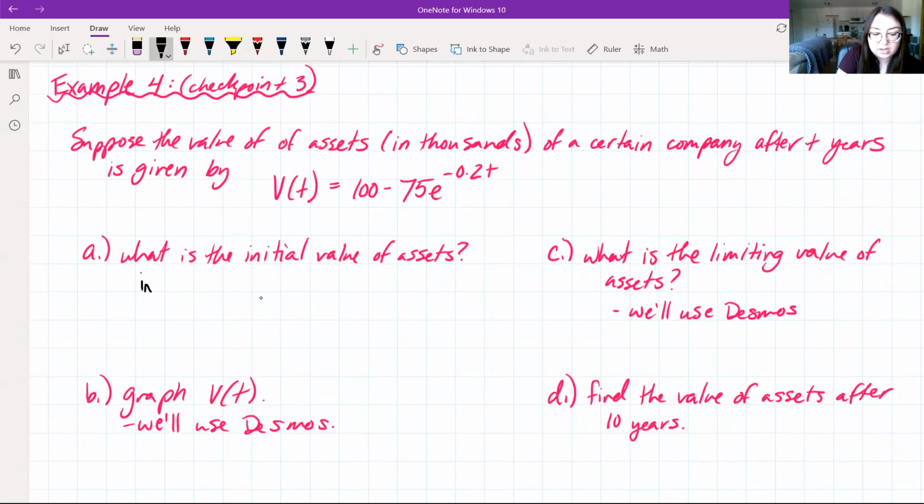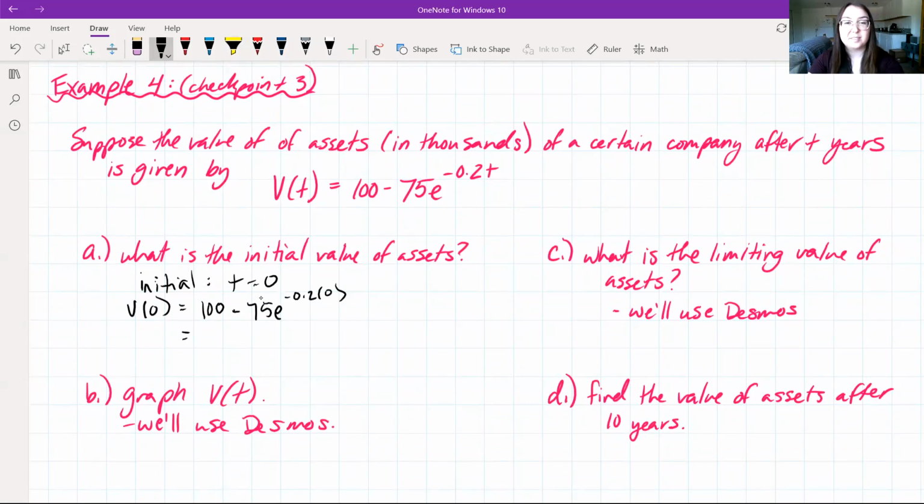So initial is the same thing as saying t equals 0. So we're going to plug in t equals 0 into our equation. V of 0 is equal to 100 minus 75 e to the negative 0.2 times 0.